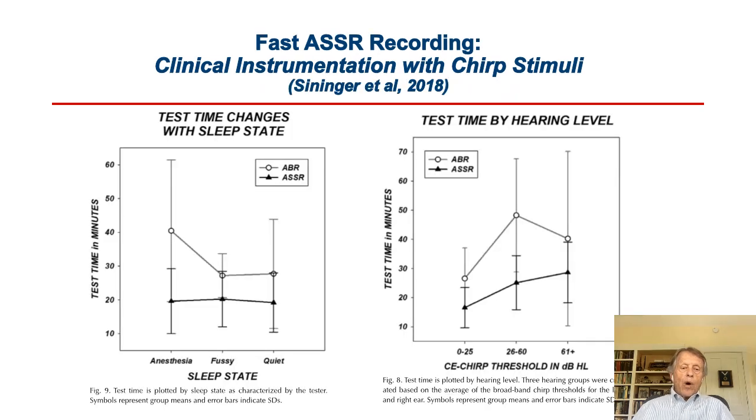And here's just one more little figure showing, again, that you can detect ABRs and, in particular, ASSRs in a matter of seconds. So the test time for a baby is so brief that it might be possible to get all the information you need for both ears in a baby who's not sedated, in the time that they're sleeping, even if it's only 15 or 20 minutes.